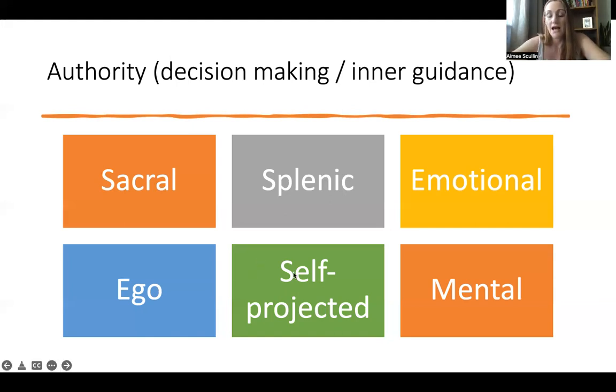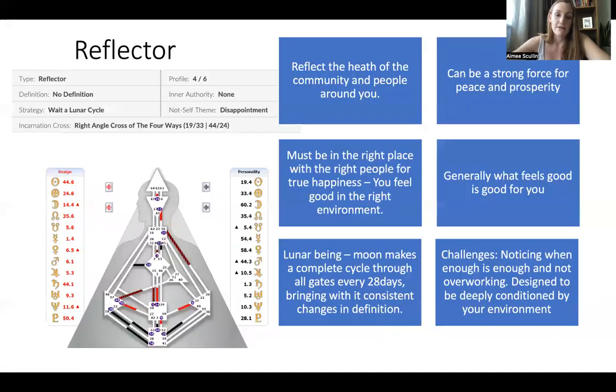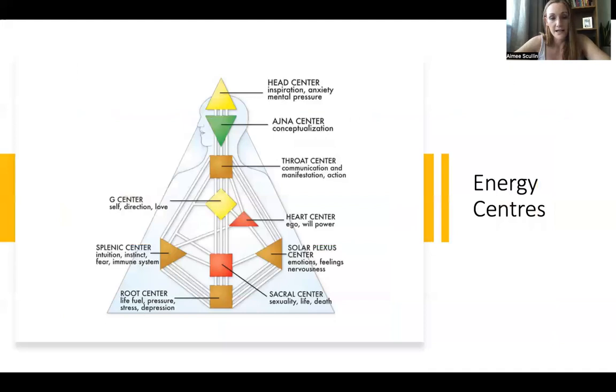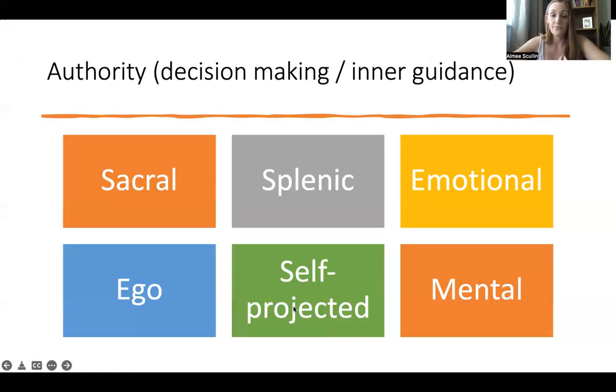Self-projected would only be for a certain type of projector, and this is where it's coming from the self. The center here, this diamond, is the center for identity, direction, and love. This inner authority is coming from that inner sense of self.